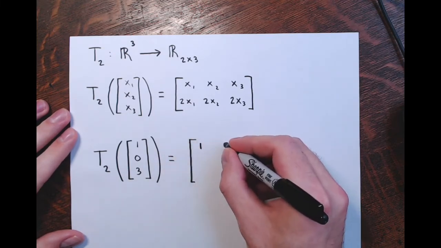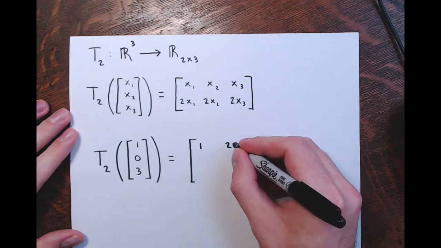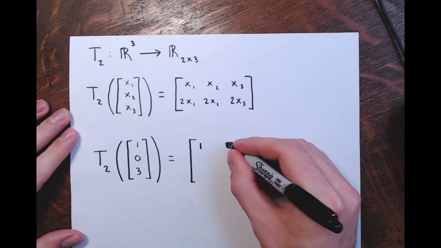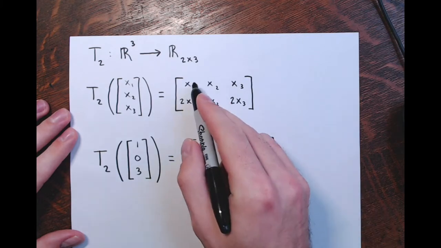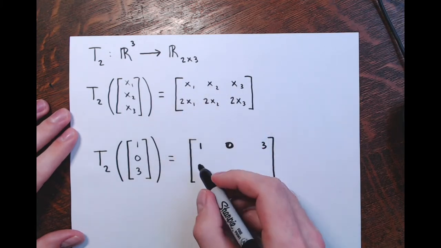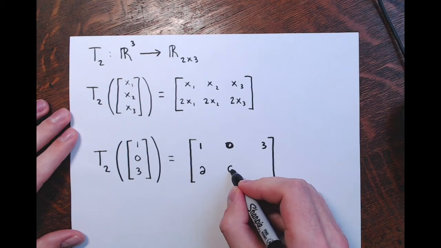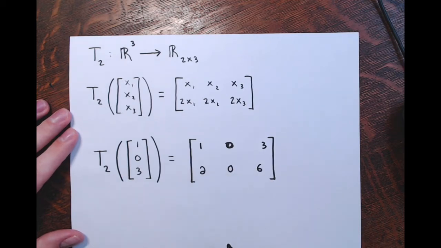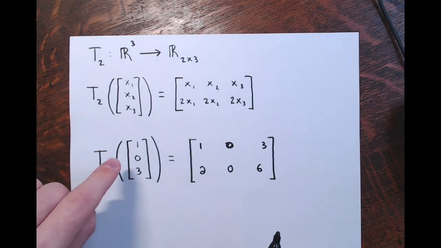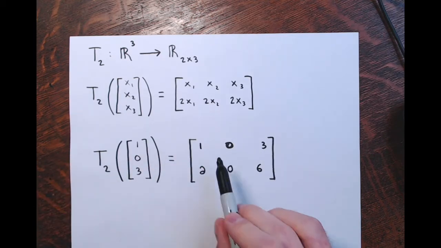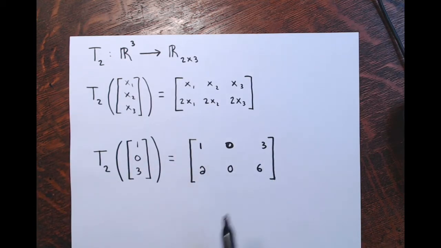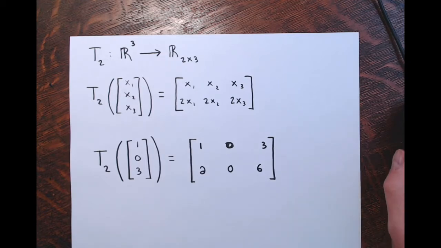So 1, 0, 3 will be our first row, x1, x2, x3, and then double all those for the second row, 2, 0, 6. And there's the output. This vector 1, 0, 3 maps to this matrix with the first row 1, 0, 3 and the second row 2, 0, 6. And that's it.